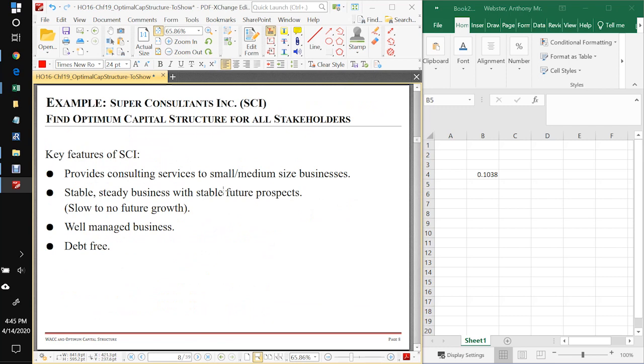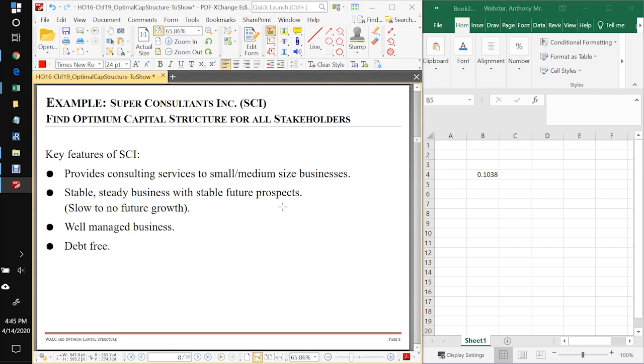Okay, so let's jump right into an example. Let's look at Super Consultants Inc., or SCI, and let's find the optimum capital structure for all stakeholders. What are the key features of this firm? It provides consulting services to small and medium-sized businesses. Sounds good. Stable, steady business with stable future prospects.